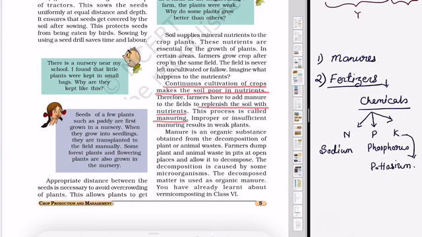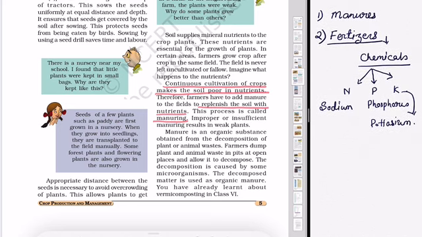Now, the fertilizers may contain any two or all three of these chemicals. The fertilizers provide the plant with specific nutrients in very high doses. So the plant gets a rich supply of the minerals by adding fertilizers and they grow very quickly and nicely.